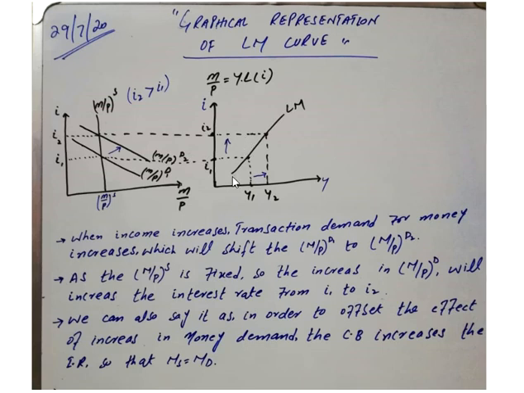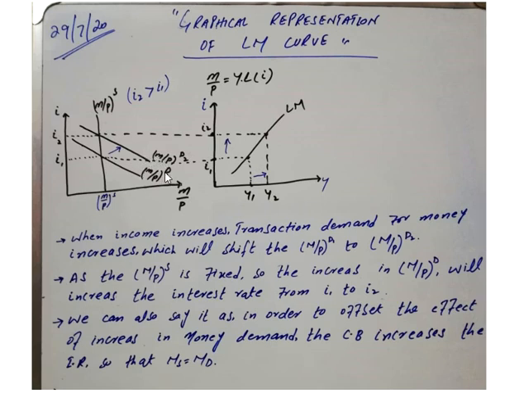As we discussed, when income increases, money demand increases. So when income is Y1, the money demand function is this, and the interest rate is I1. When income increases, it will increase the demand for money.